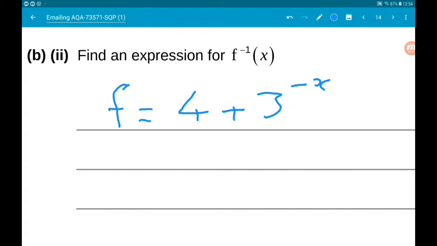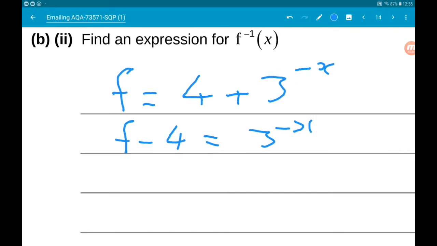If we take away the 4, we get f minus 4 is 3 to the minus x. Now to get the minus x down, we need to take the logarithms of both sides. It's going to be log base 3, because on the right our base is 3.